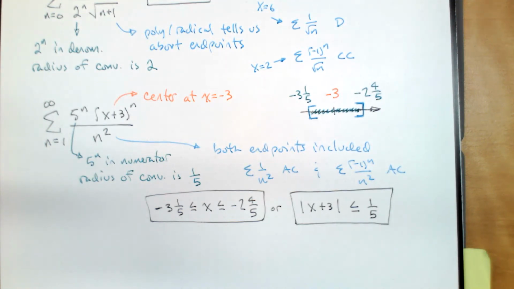In the previous example, the absolute value inequality was not available for use because we only had a half open, or half closed, interval.